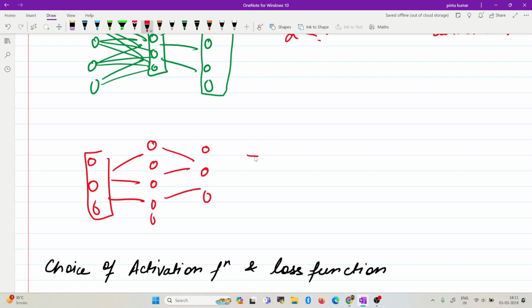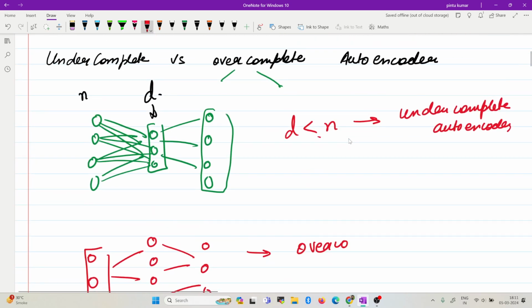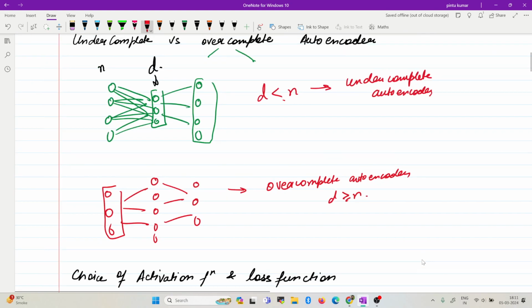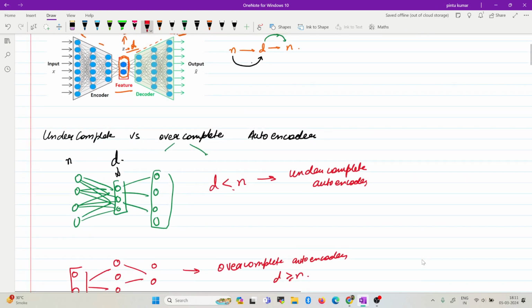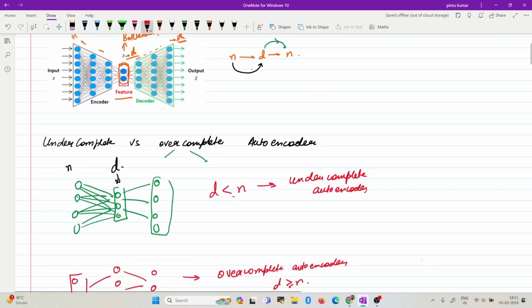This kind of model would be known as an overcomplete autoencoder. Here obviously your d is greater than or equal to n. This is the difference between overcomplete and undercomplete autoencoders.